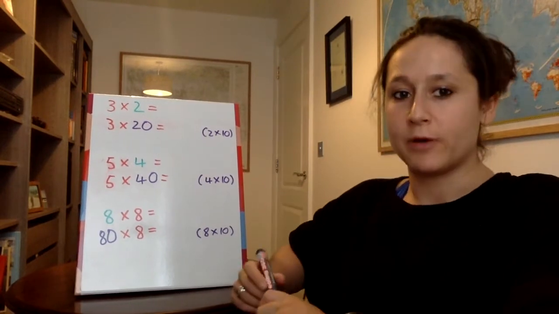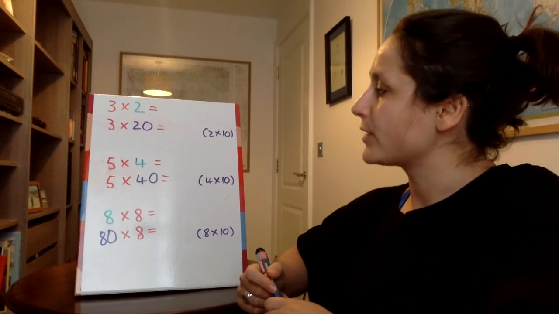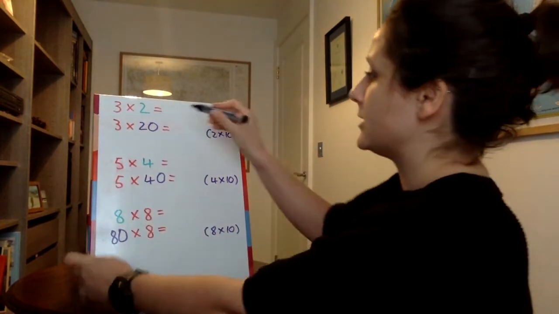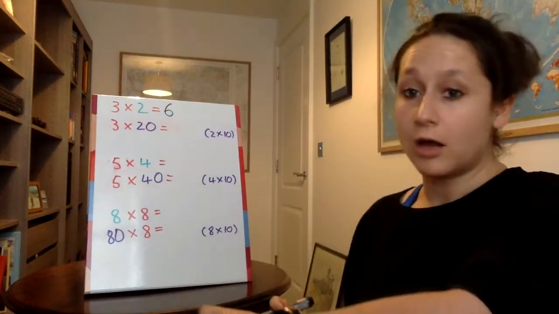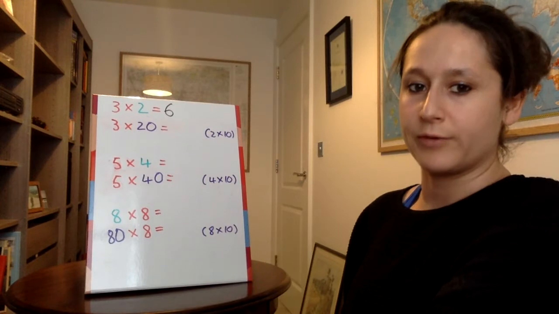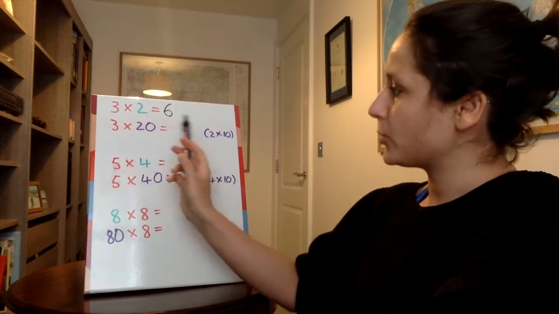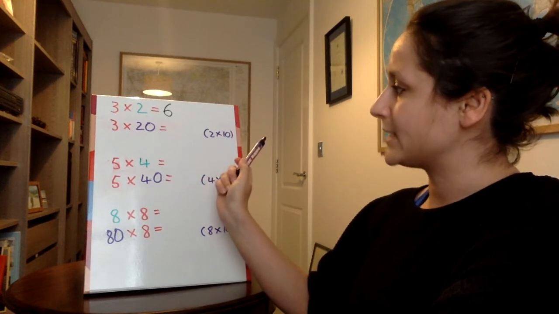So up at the top there you've got a very simple calculation, which you'll know from your times tables anyway. You'll know that 3 times 2 is 6. Now if you know what 3 times 2 is, you can very easily work out what 3 times 20 is. 20, we know, is 2 times 10.